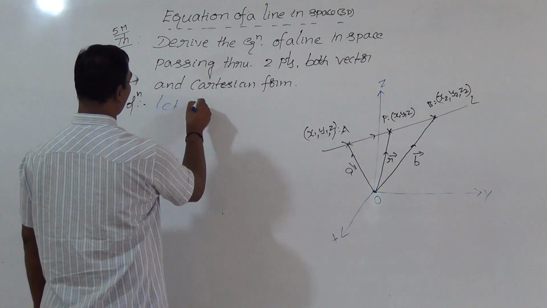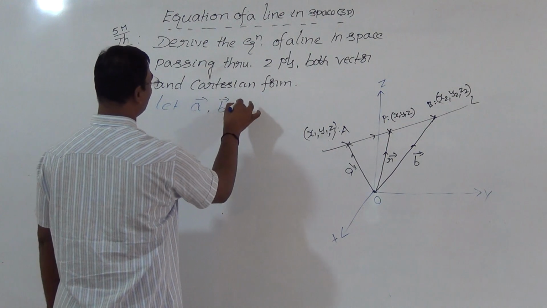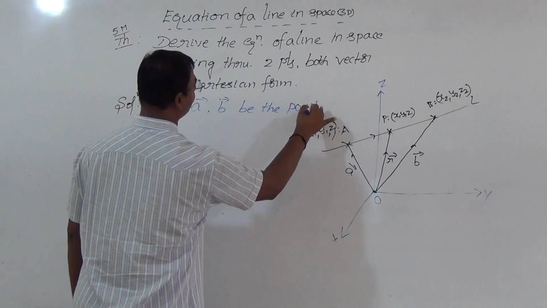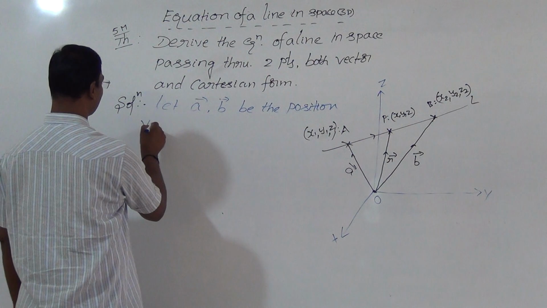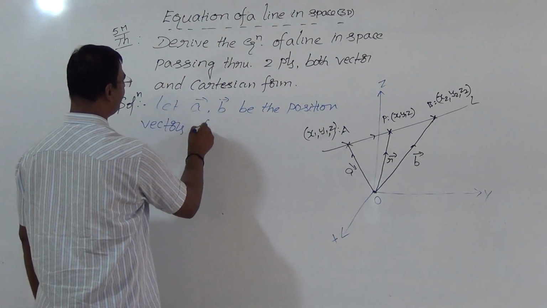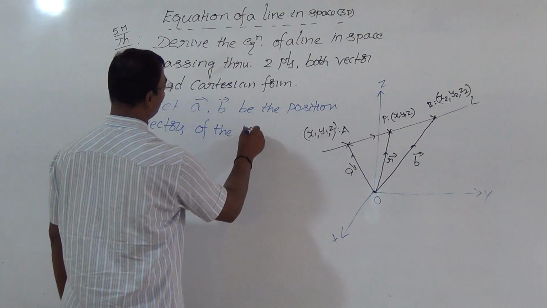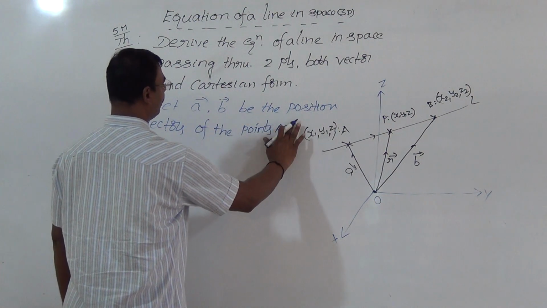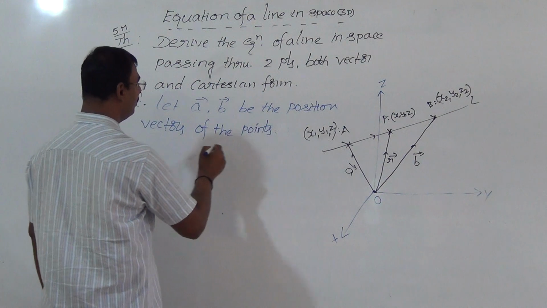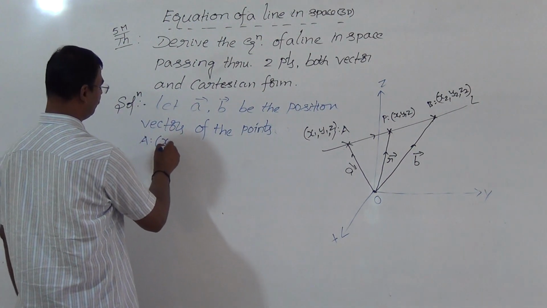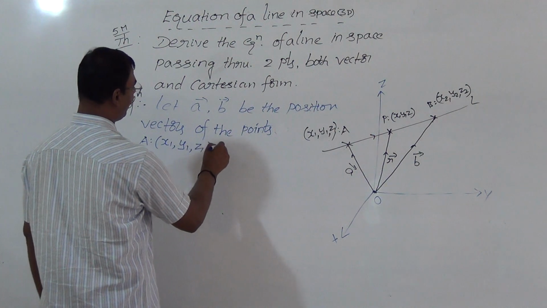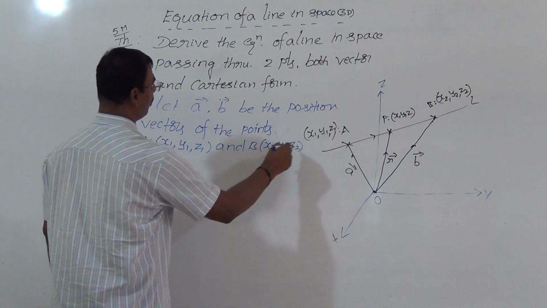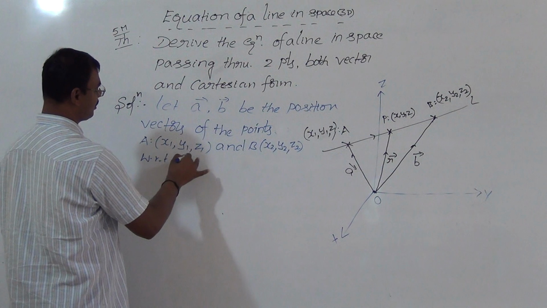Let A bar and B bar be the position vectors of the points A (x1, y1, z1) and B (x2, y2, z2) with respect to the origin.